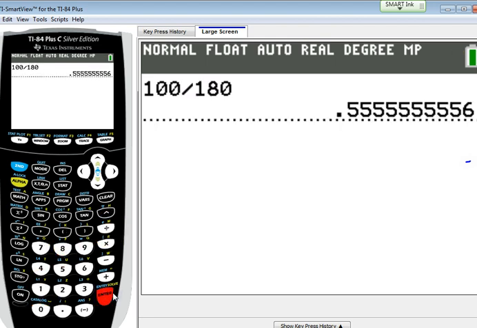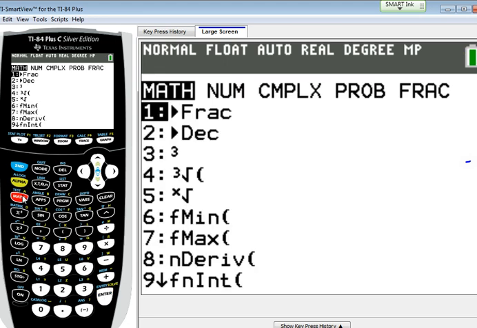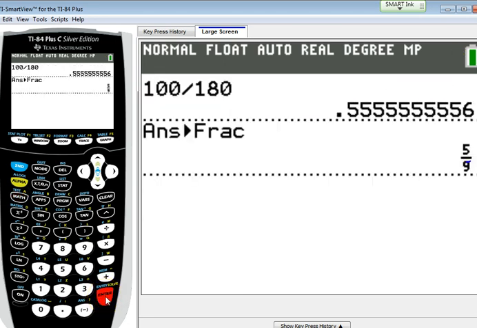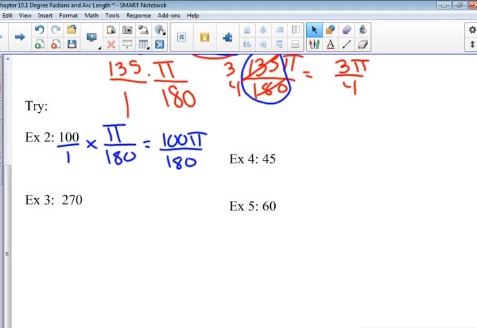Again, we don't want to leave it like that, so go to your math fraction button. So 5 over 9, so it'd be 5 pi over 9.